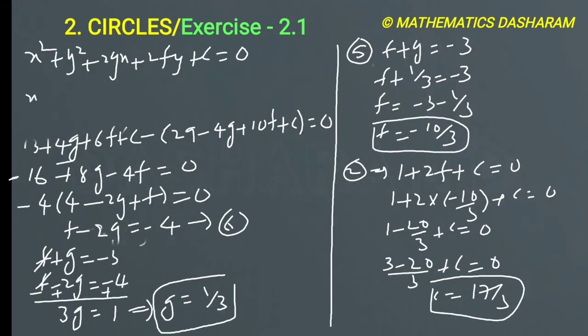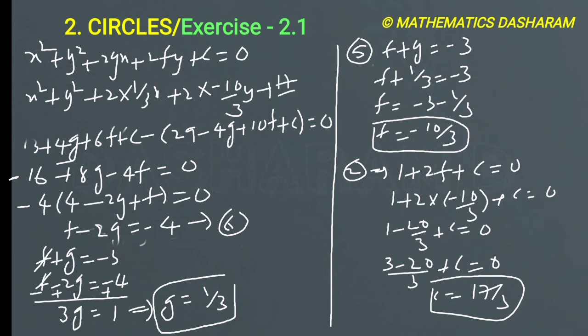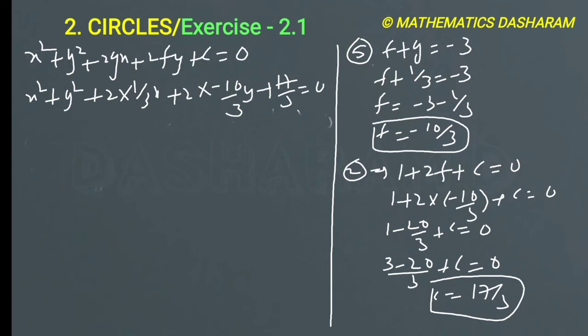So x square plus y square plus 2 into g value, which is 1 by 3, into x, plus 2f, f value is minus 10 by 3, into y, and c value is 17 by 3, equals to 0. So now take the LCM of 3.